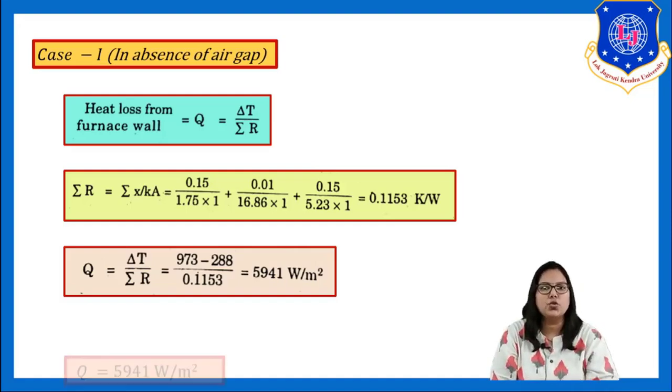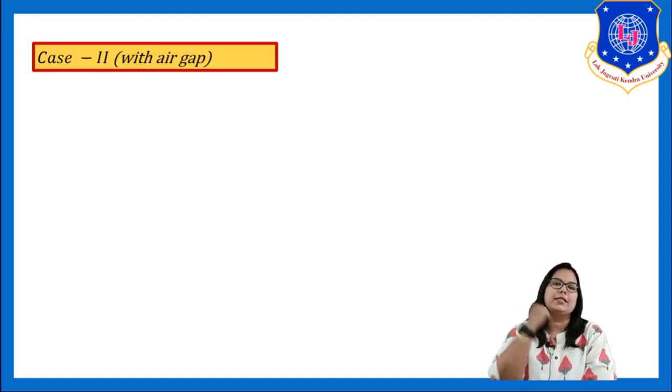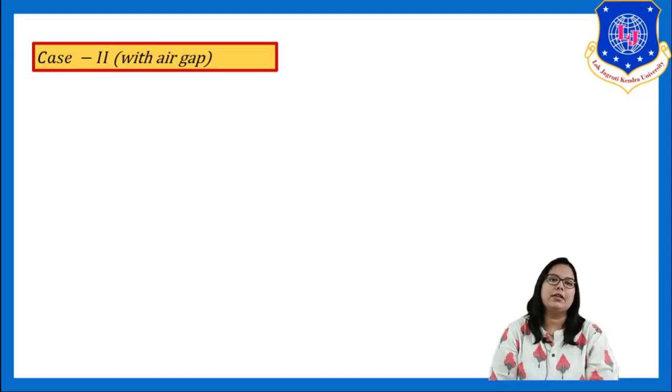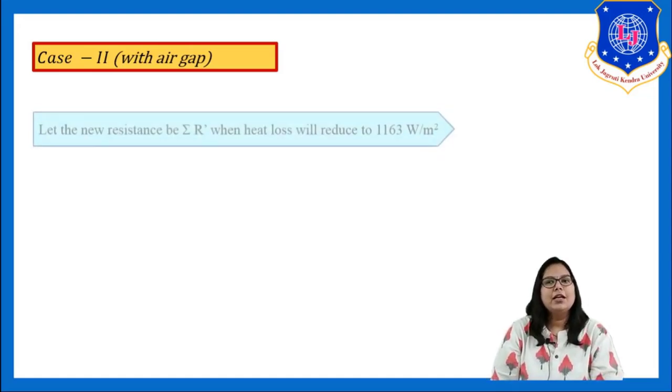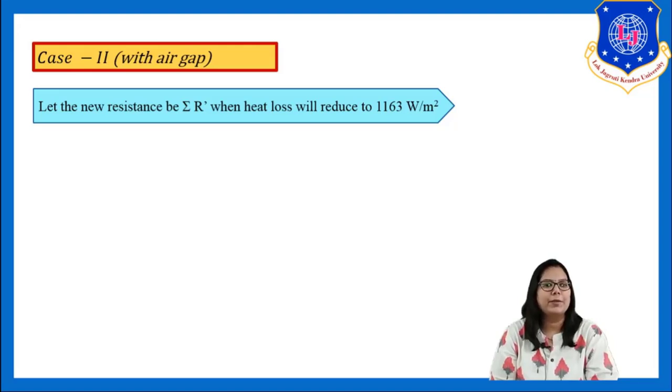Now in case 2, with air gap, we have to calculate the width of the air gap which we have introduced between the steel plate and magnesite brick. At that time the Q value is given in the statement. So let the new resistance be summation R dash when the heat loss reduces to 1163 watt per meter square.